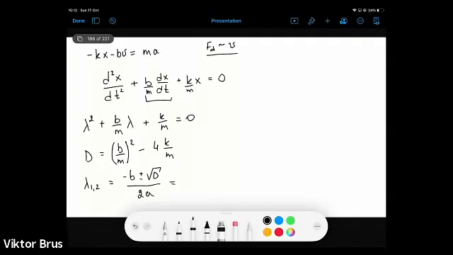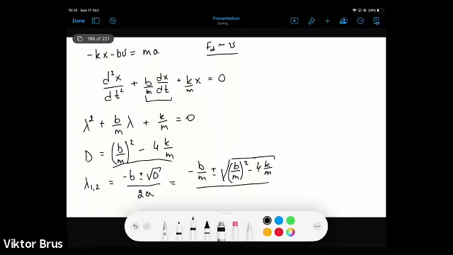So we have minus b over m, then plus minus the square root of our discriminant, which is (b over m) squared minus 4k divided by m, and here we will have just 2.